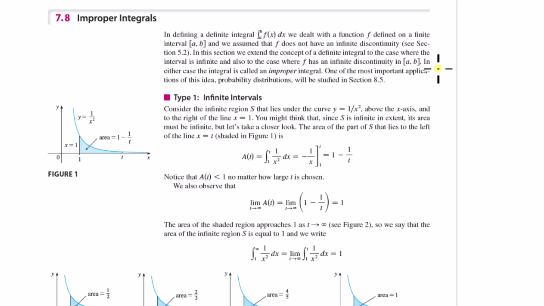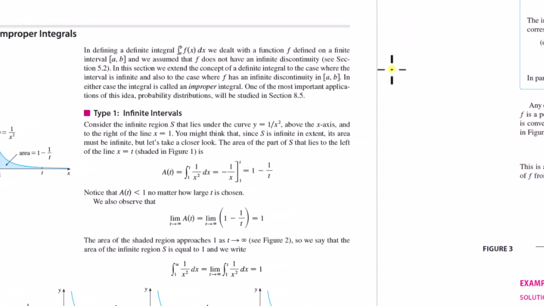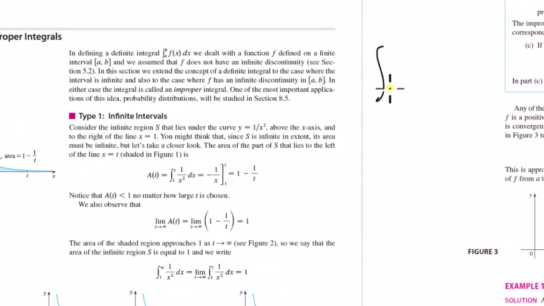That's the main purpose of improper integrals, but we're also going to use improper integrals if we were integrating over the open interval from a to b. If it's open at a and closed at b, but the function is not defined at a, at this point I think intuitively you could figure this out on your own when you think about the definite integral from the perspective of areas under curves.